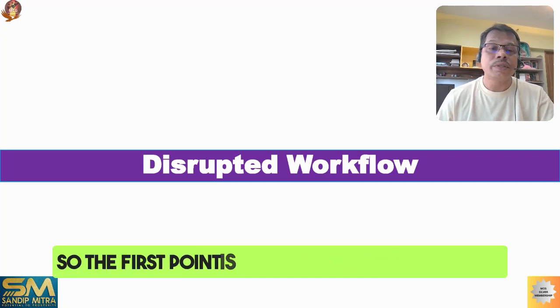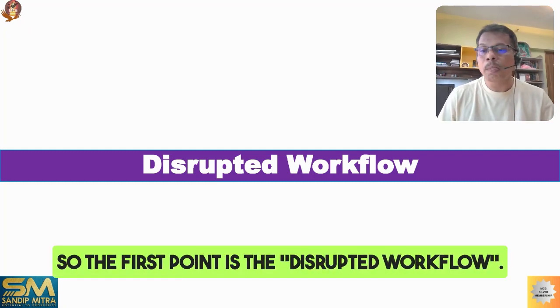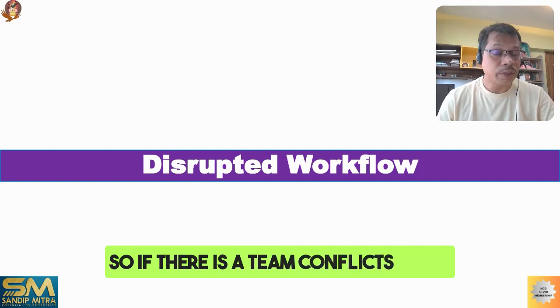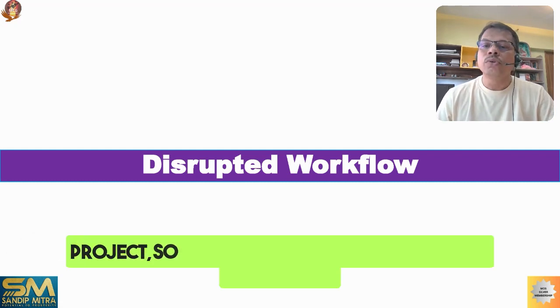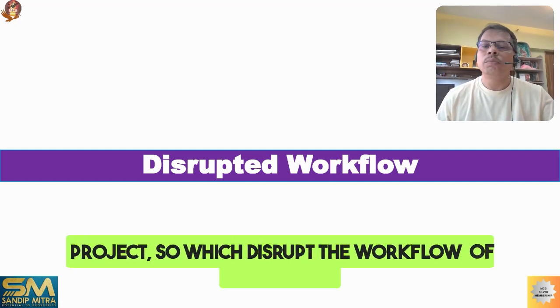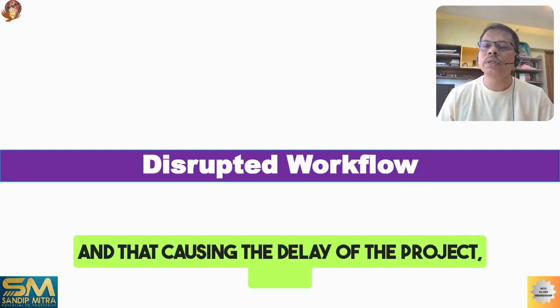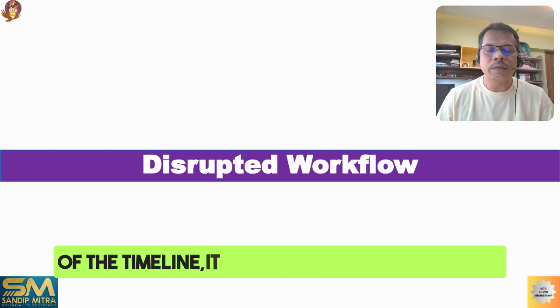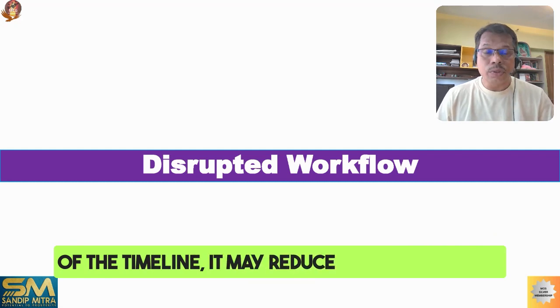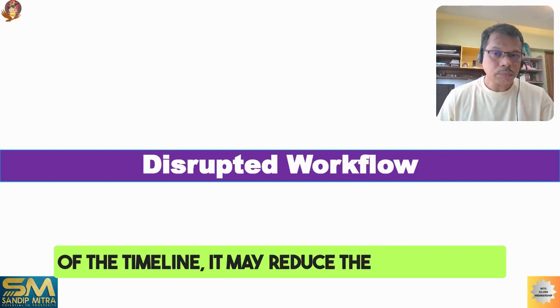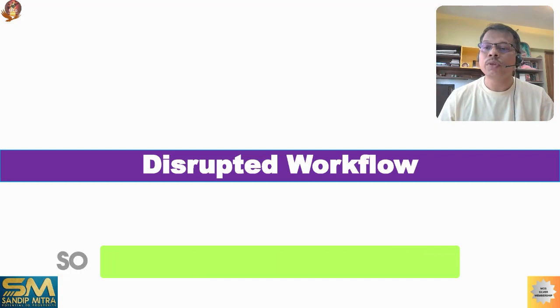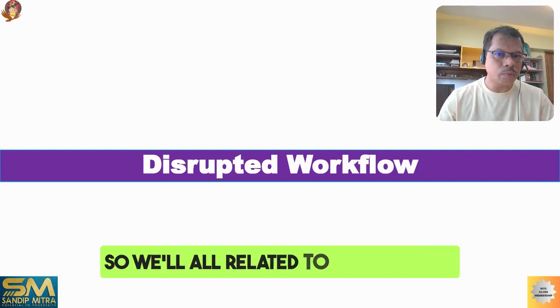So the first point is the disrupted workflow. If there is team conflict in the project, it disrupts the workflow of the project, and that causes delay of the project and of the timeline, and it may reduce the productivity. We'll discuss productivity also.